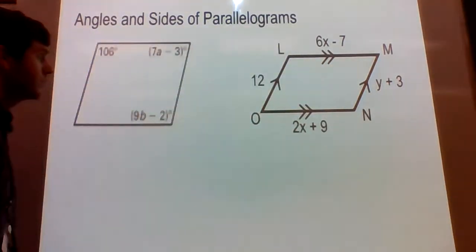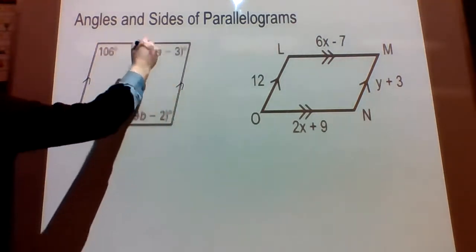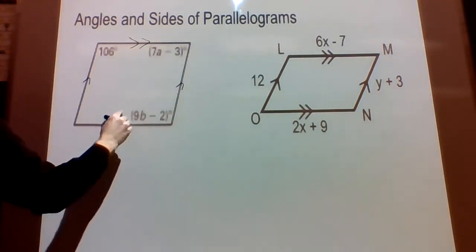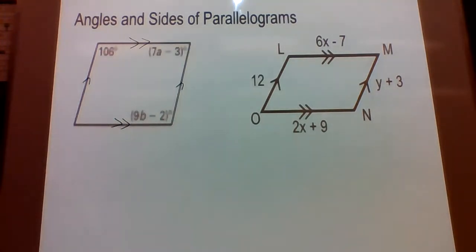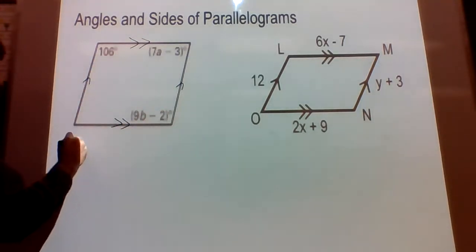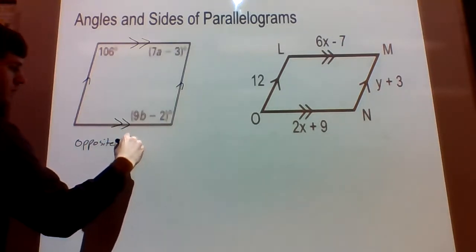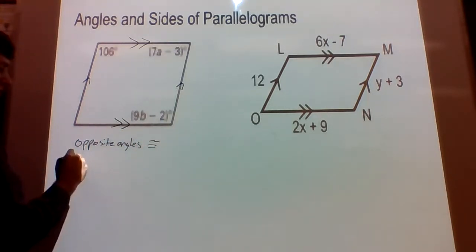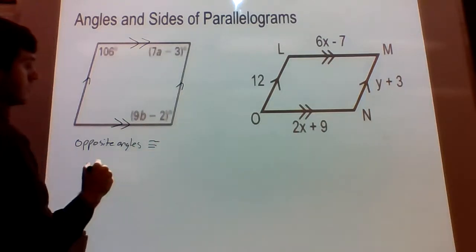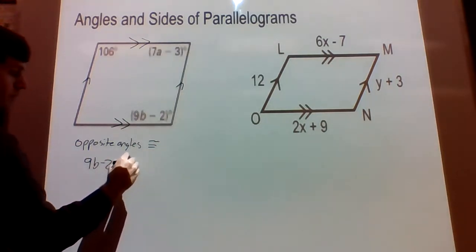First one, again, it's a parallelogram, so it's not drawn in, but we can assume we have a parallelogram. So 2 pairs of parallel sides. We know opposite angles are congruent. So 9b minus 2 is going to equal 106.